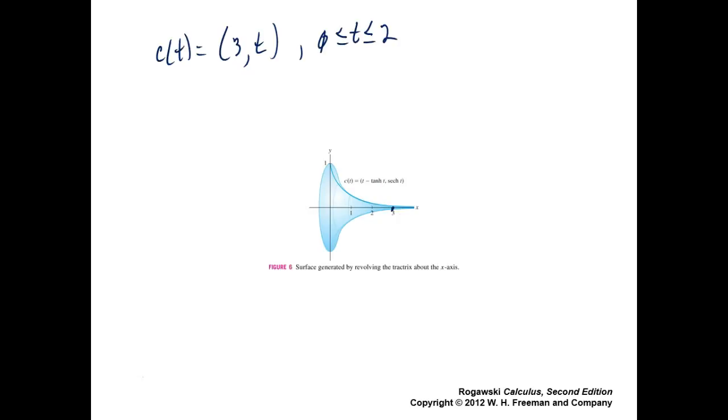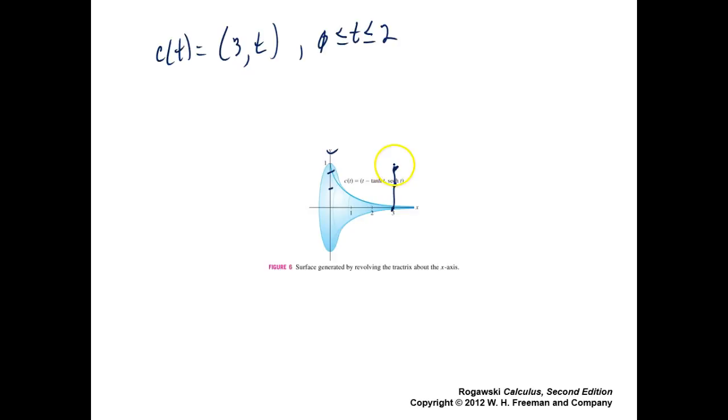Where are we at t equal to 1, say? 3, 1. Now, I'm not going to do their scale, I'm going to do my scale. That would be here. And t equal to 2, 3, 2, right? That's the path. Okay? That's what I was thinking it was. I needed to draw it to confirm that.